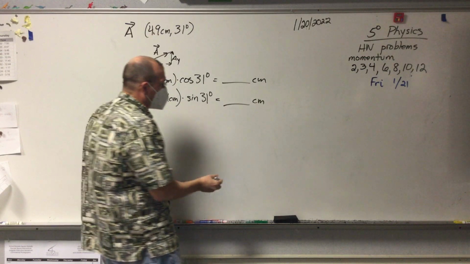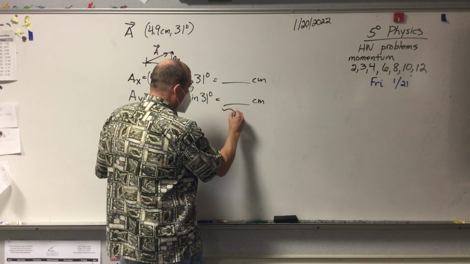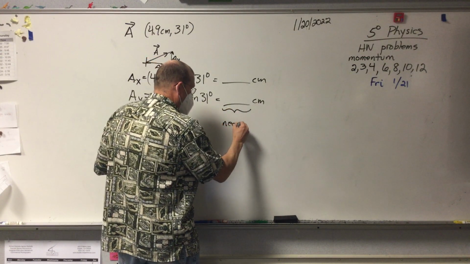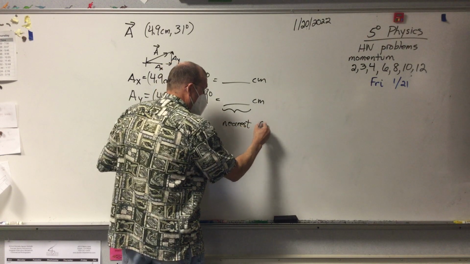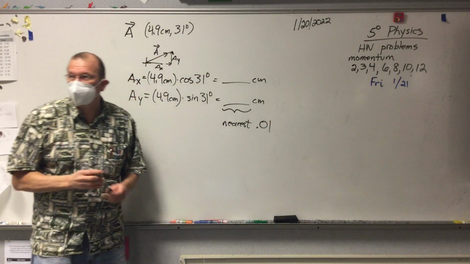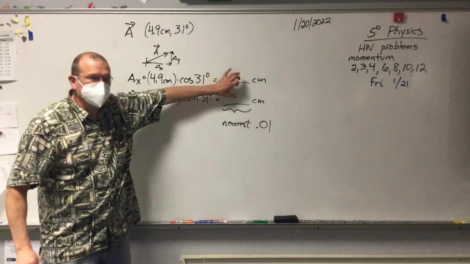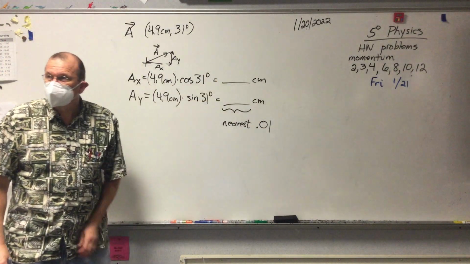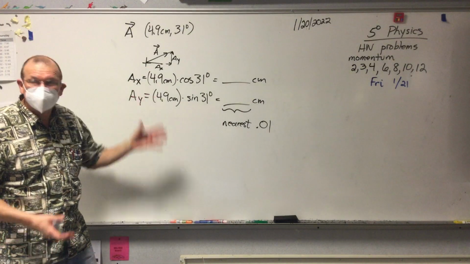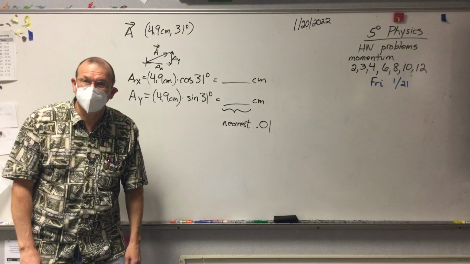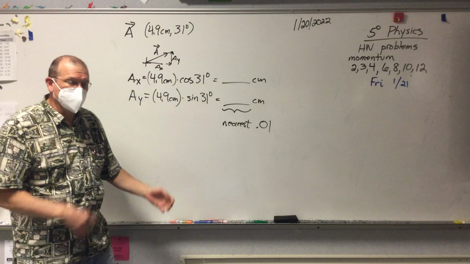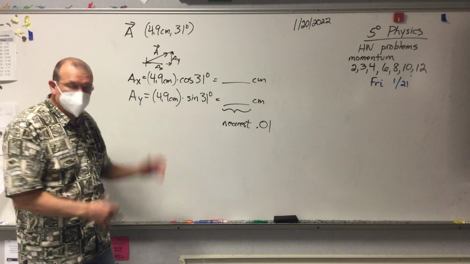Okay? And I said these guys here, I want them rounded to the nearest hundredth. You don't have to write this, but your answers need to be rounded to the nearest hundredth. So those aspects I'm going to be scrutinizing when you turn this thing in. So if you need to go back and double check, you double check.